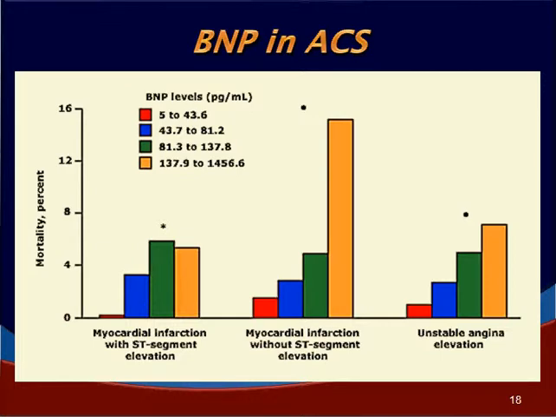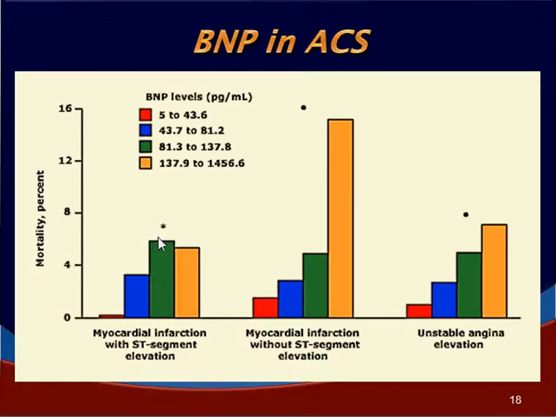The other important biomarker that we need to look at in all patients of ACS is BNP. BNP is B natriuretic peptide. Pro-BNP or NT-pro-BNP is usually done. If you see patients with myocardial infarction with ST segment elevation, you can see that the patients with the red area, that is less than 43.6 picograms per ml, are very few, whereas those between 43.7 to 81.2 are blue bars.